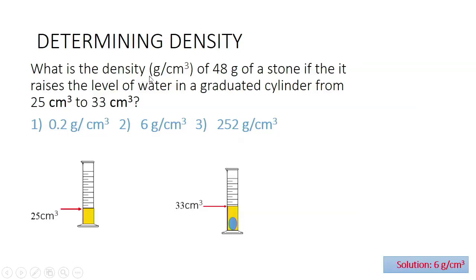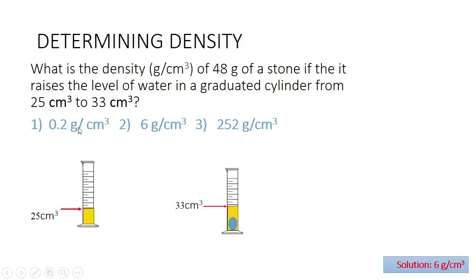What is the density in gram per cubic centimeter of 48 grams of a stone if it raises the level of water in a graduated cylinder from 25 cubic centimeter to 33 cubic centimeter? And you are given choices, and this is a multiple choice question.